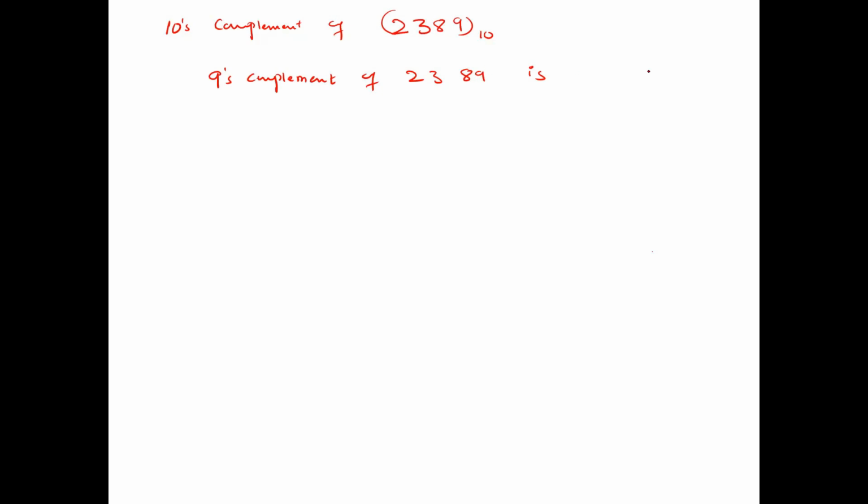So 9 minus 9, 0. 9 minus 8, 1. 9 minus 3, 6. 9 minus 2 is how much? 7. Is that fine? The tens complement is, after calculating the nines complement, you need to add 1 to it. So 7 6 1 0 is the nines complement. Plus 1 gives 7 6 1 1.